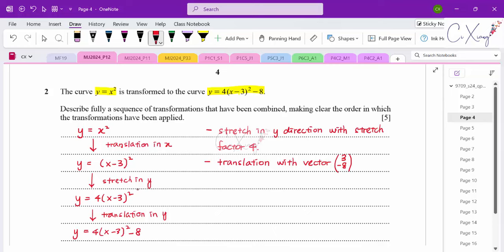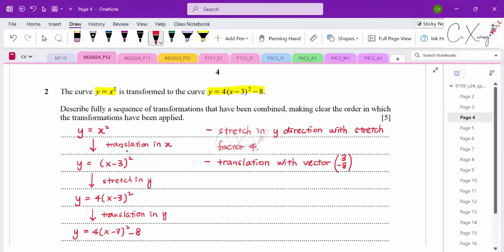All right. So for what I show you here, basically the answer should have the stretch coming in front of the translation in Y. So this is a proper sequence that you should show. If you want to put them separately, then the translation in X you can put anywhere.